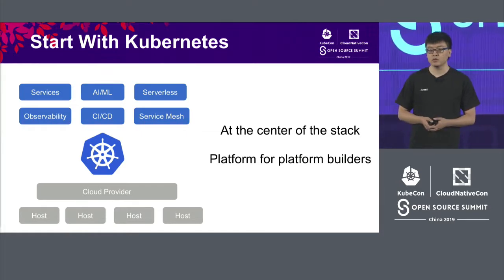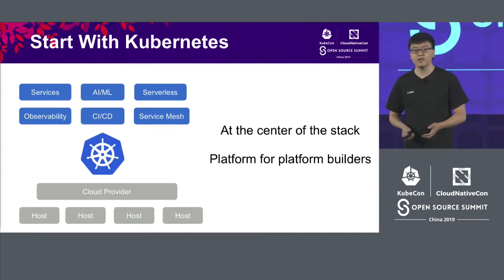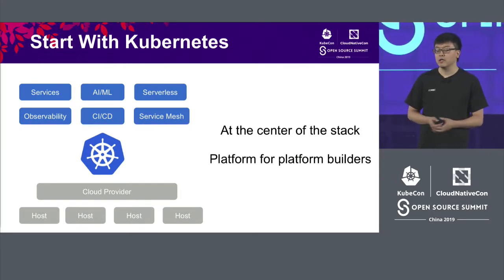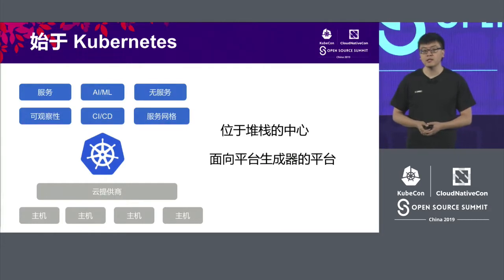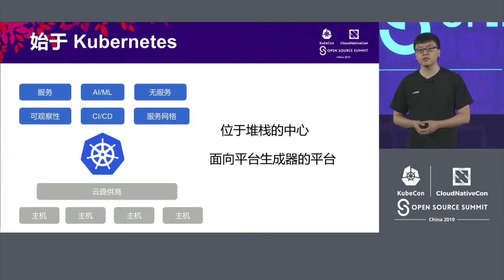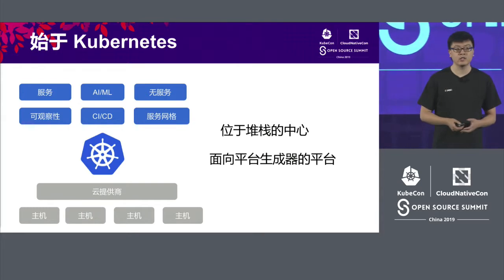Just now we talked about containers as well as orchestration and deployment. Today, if you want to do cloud native, you can start with Kubernetes. There are two reasons behind it. First of all, Kubernetes has become the core of cloud native, and the differentiation of the resources is minimized.